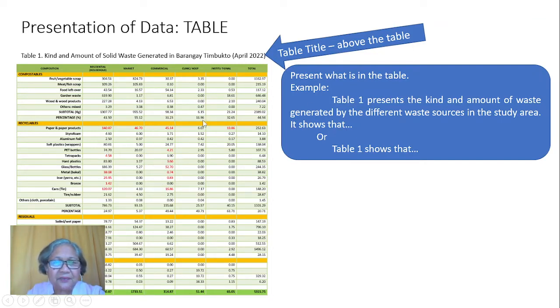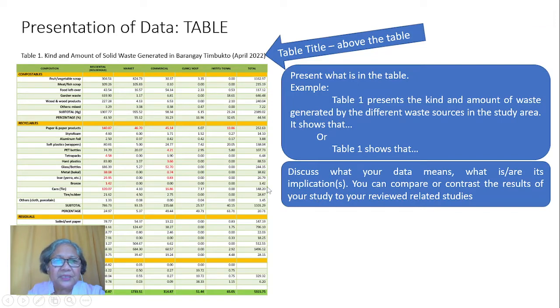It's not just enough that you just put there the table and that's it. And then discuss what the data means, what is or what are its implications. Now, in the discussion, you can compare or contrast the results of your study to your reviewed related studies.